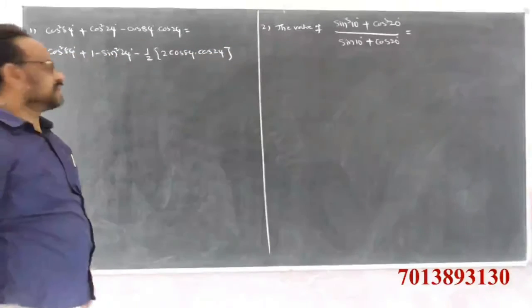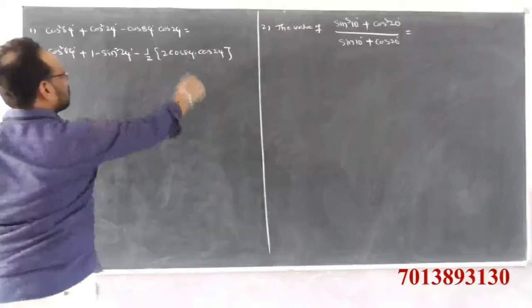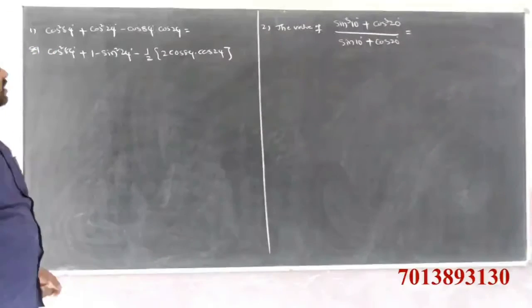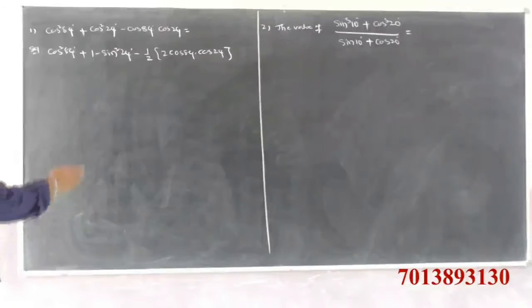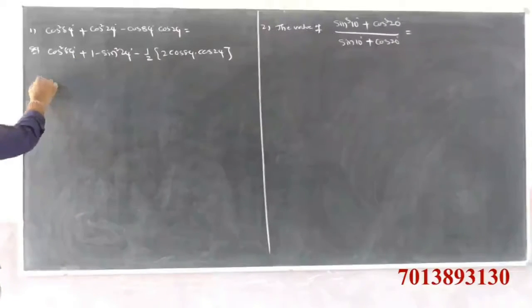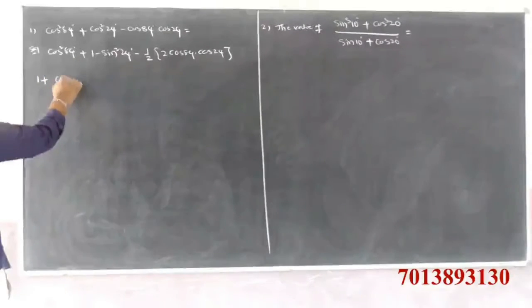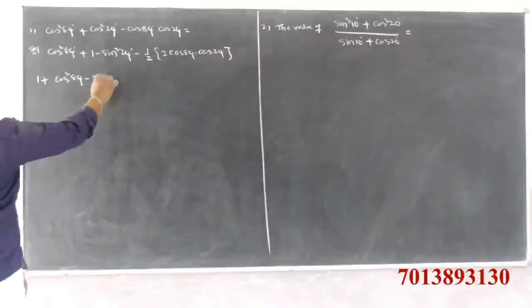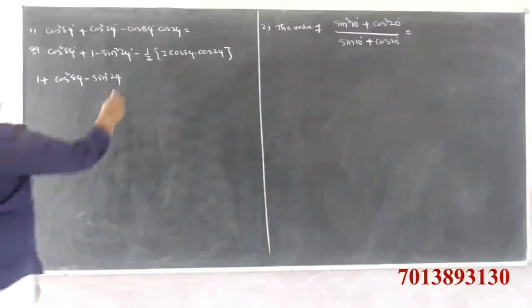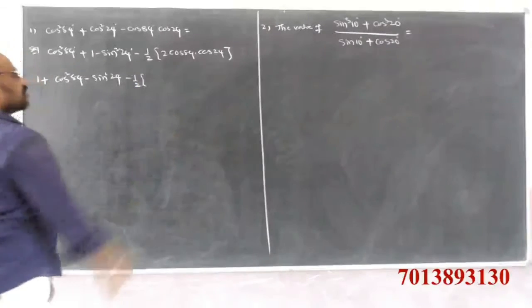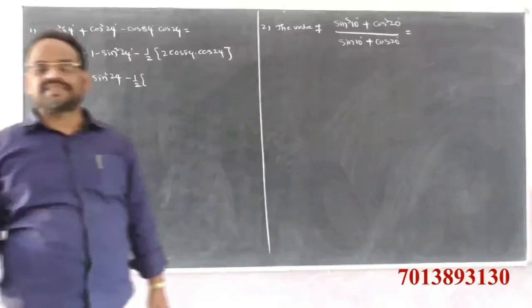The 2 gets cancelled, so the expression doesn't change. So we have 1 plus cos square 84 minus sin square 24 minus 1 by 2 into 2 cos A cos B.